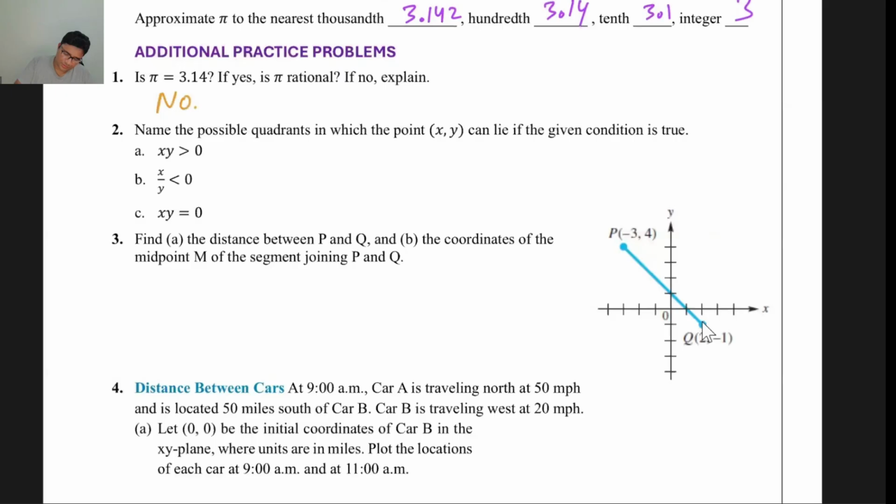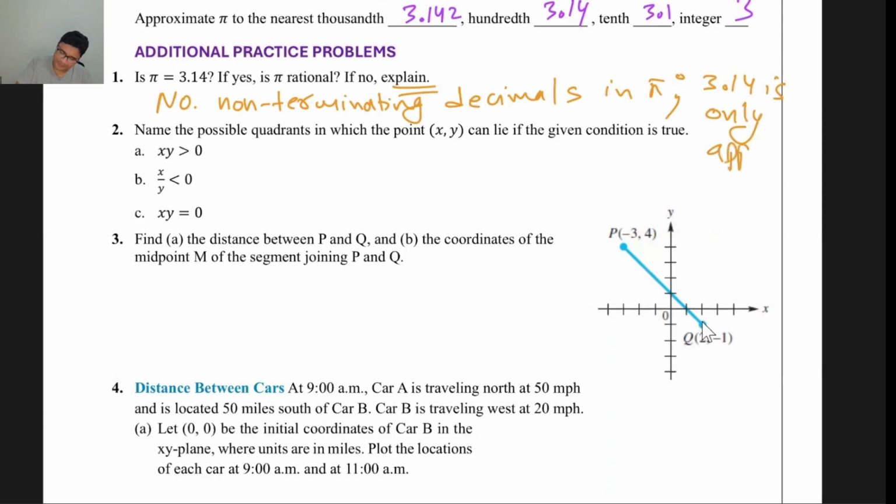Answer is no. And the explanation is non-terminating decimals in pi. And 3.14 is only an approximate value. That is the explanation.